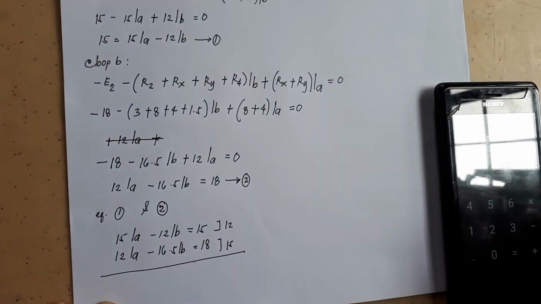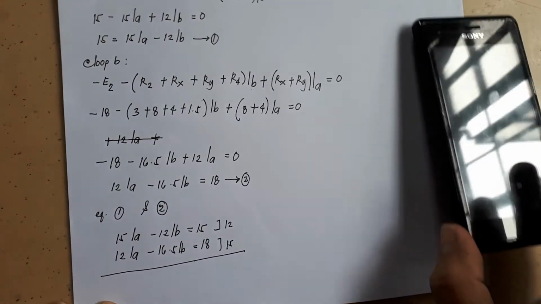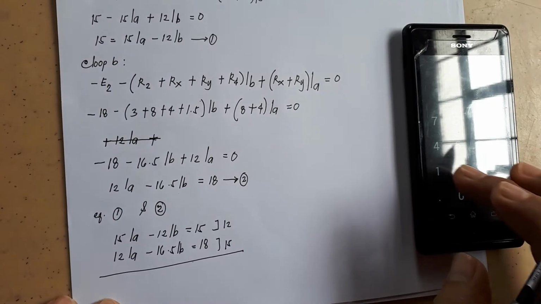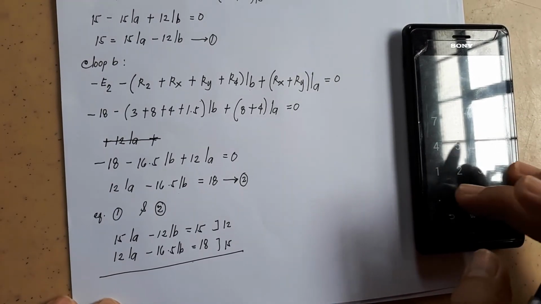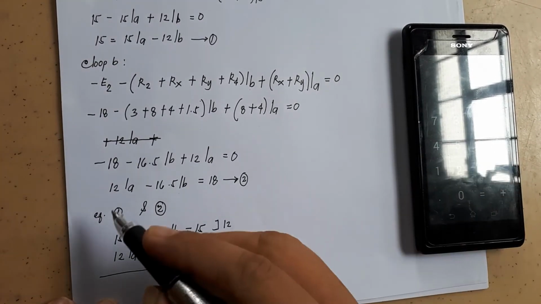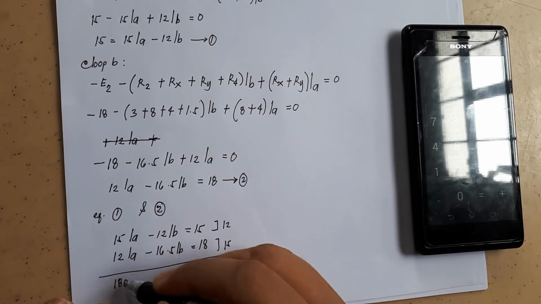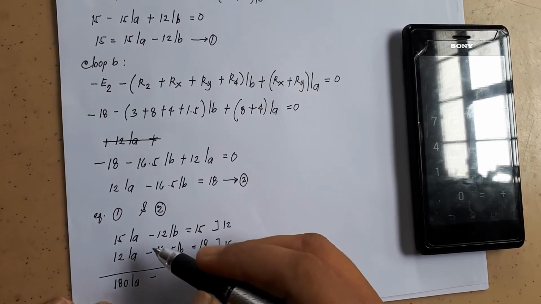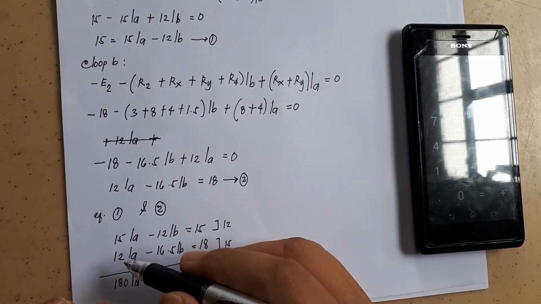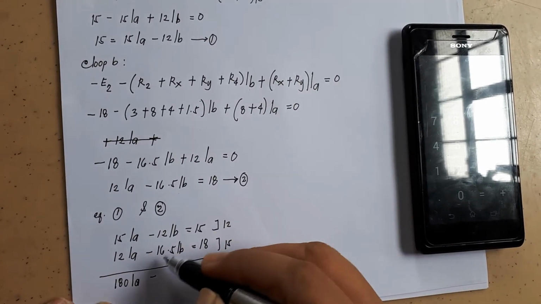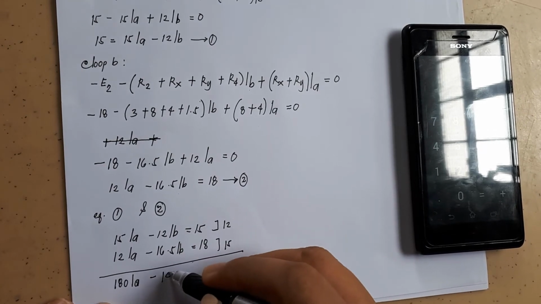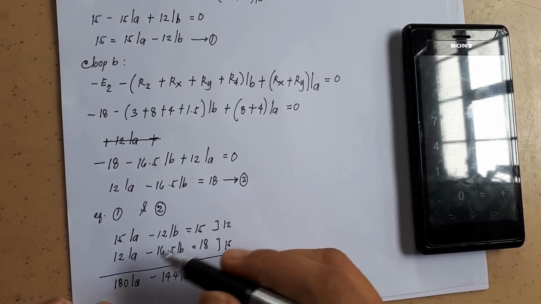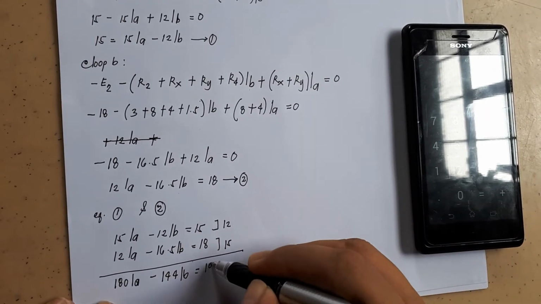What will be the equivalent for this? When we multiply this one by 12, naturally we have 180 IA minus 12 times 12, that is 144 IB, which is equal also to 180.